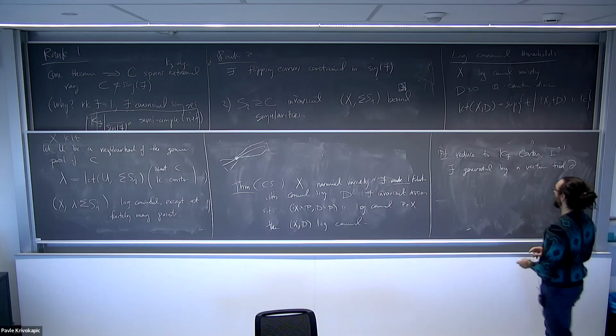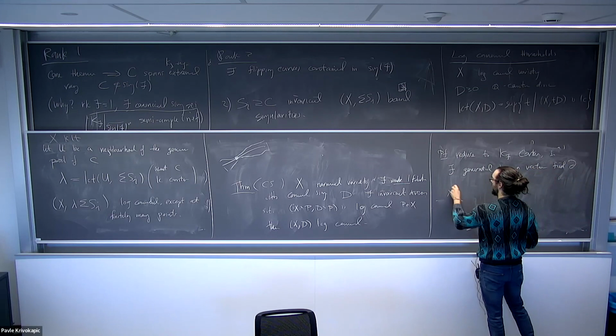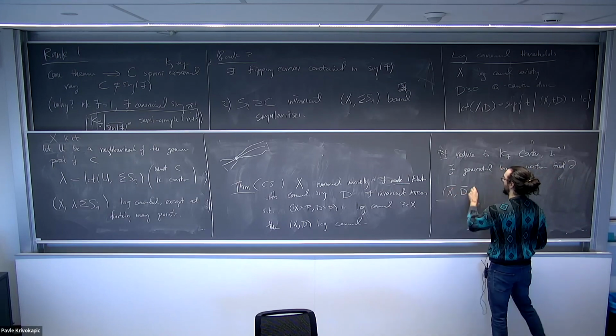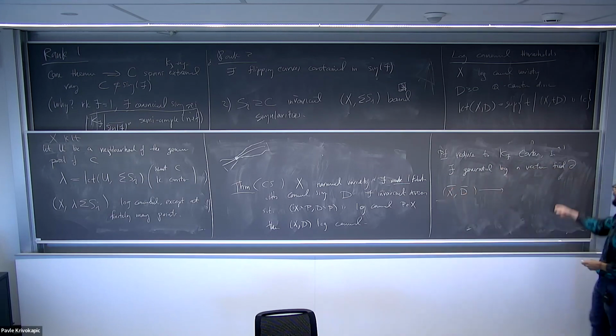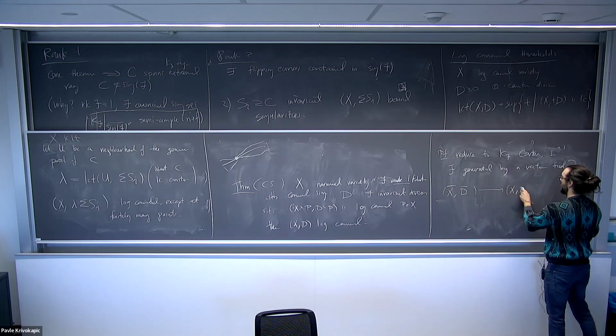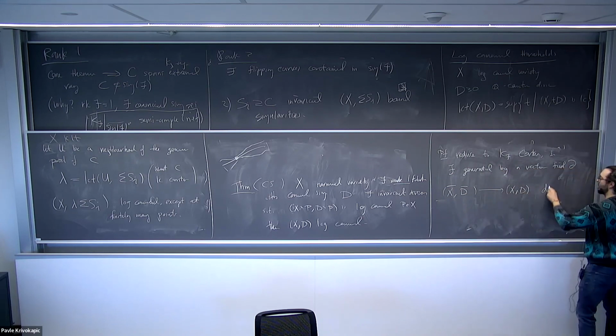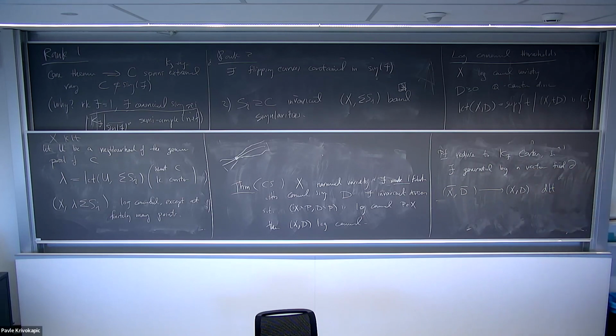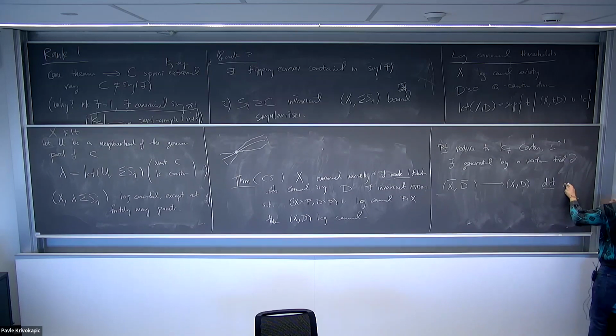Then what I want to do is take a DLT modification, which is equivariant with respect to the action of this vector field. I'll say what I mean by DLT modification. The reason I'm introducing this proof is I think this tool of a DLT modification is very powerful, and the world needs to know about it because it's a pretty useful idea.